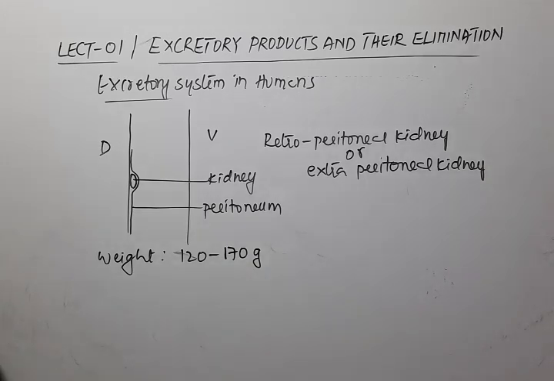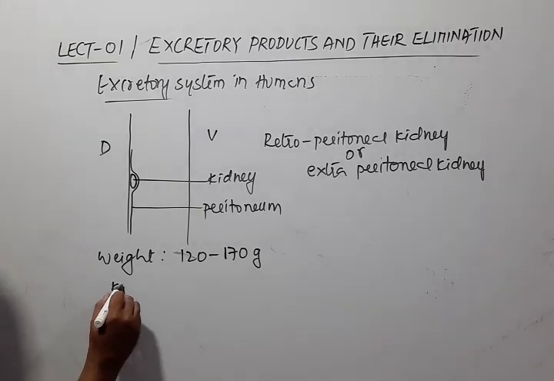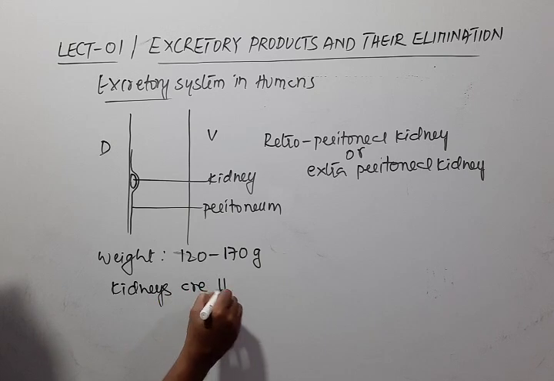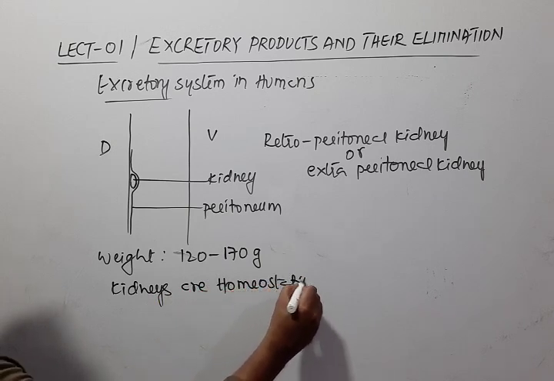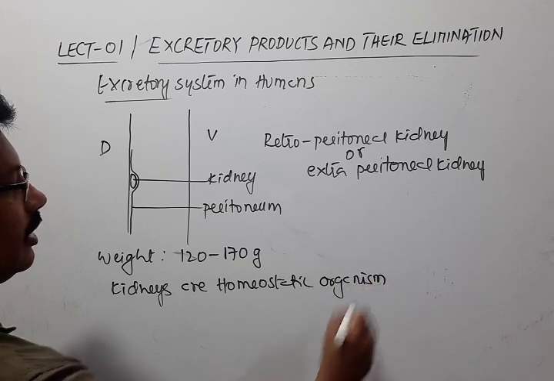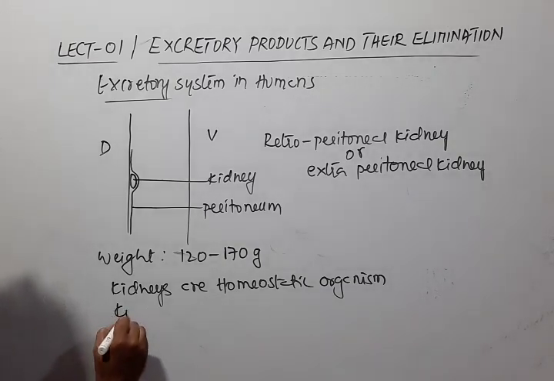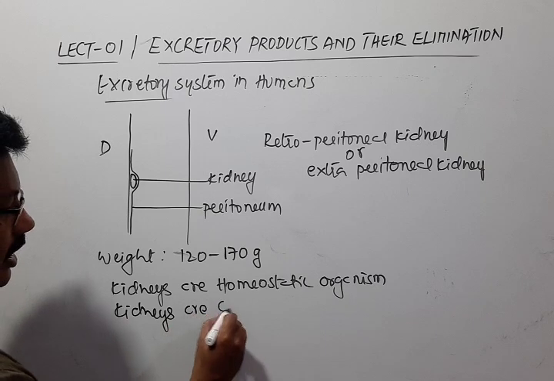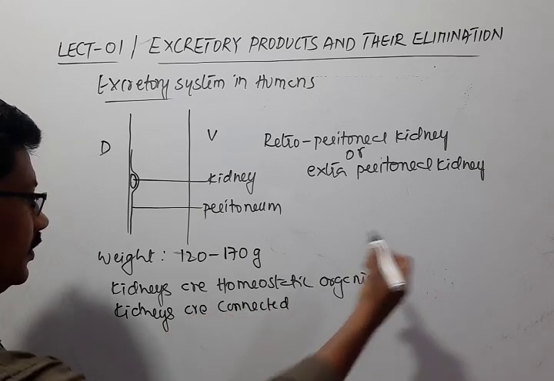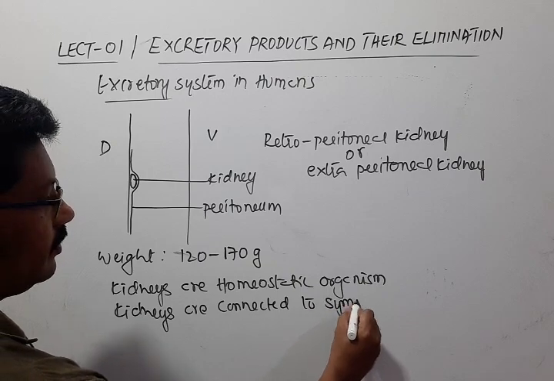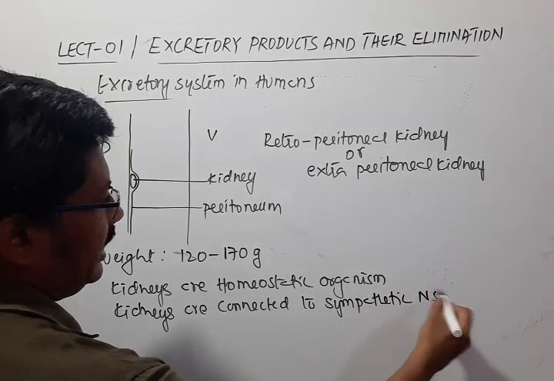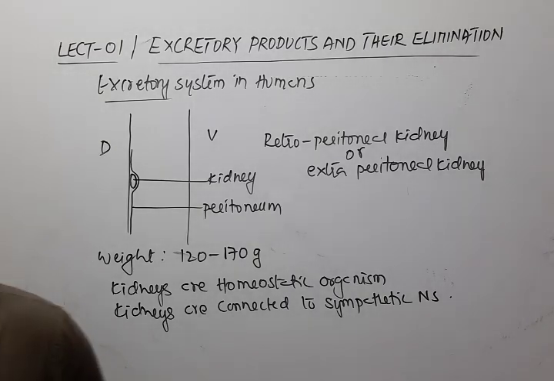The kidneys are regarded as homeostatic organs, as they help in maintaining homeostasis, so everything is balanced in the body. And these kidneys are connected to the sympathetic nervous system.